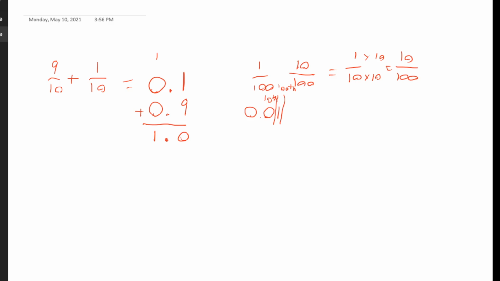And now you need 10 of these. You add an extra 9. So if you add 0.09, so 9 more hundredths, what will you get? Well, you'll get 0 here, and you'll have to carry it over into the tenths column, which means you'll get this: 0.1.